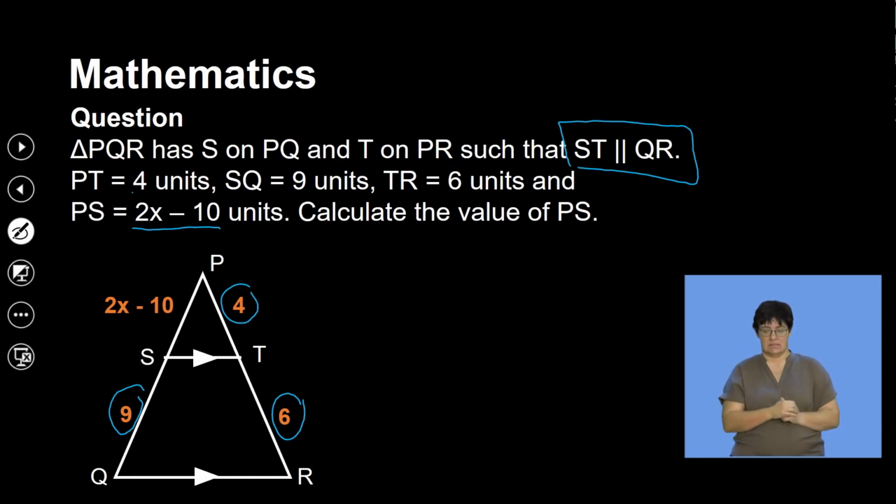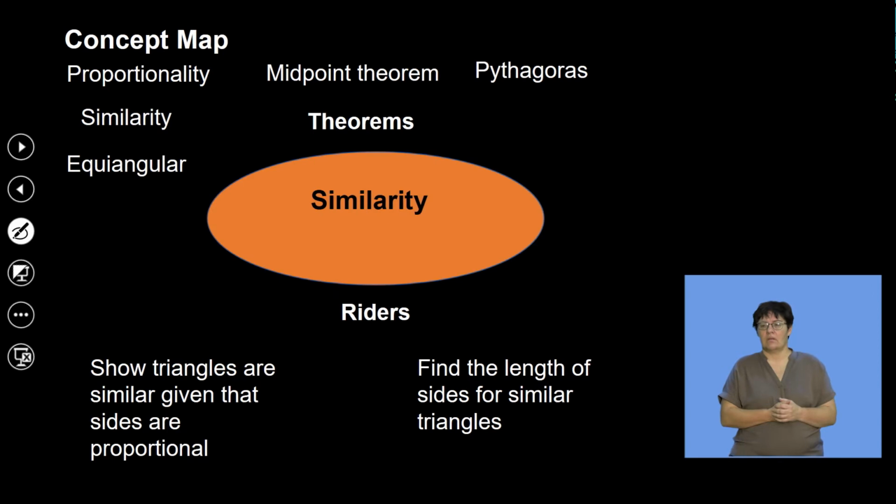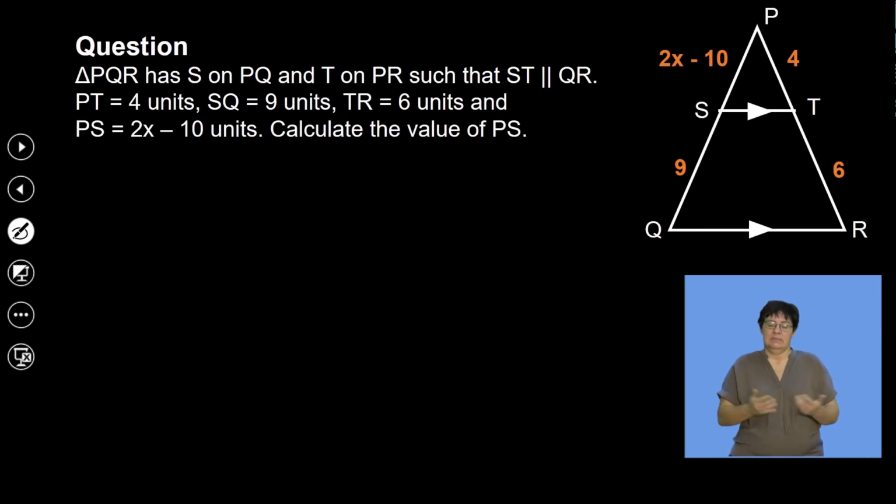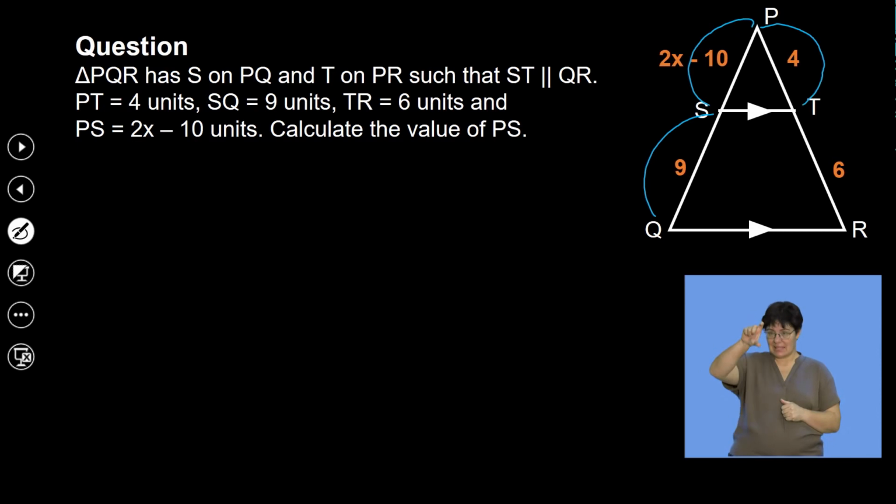So with this, there isn't really information that I need to add on the diagram because it is already there. The only thing I need to know is what the parallelness of these lines does for me on this diagram. So let me show you. Because the lines are parallel, it means that this side over that side must be equal to the PT side over the TR side.